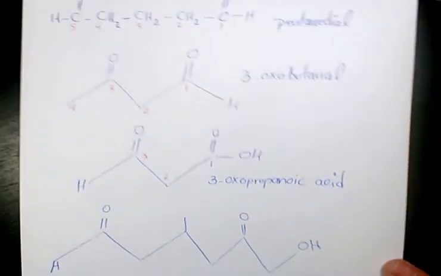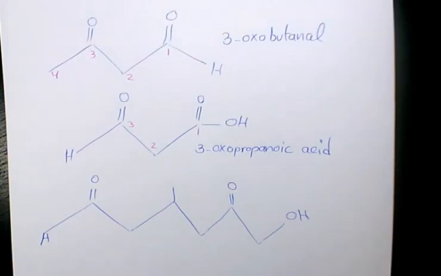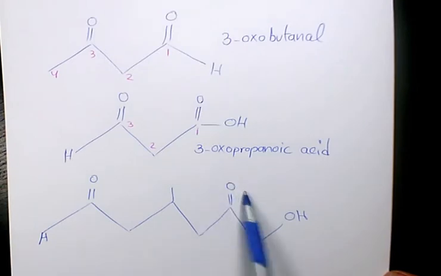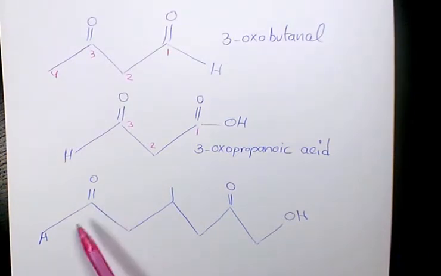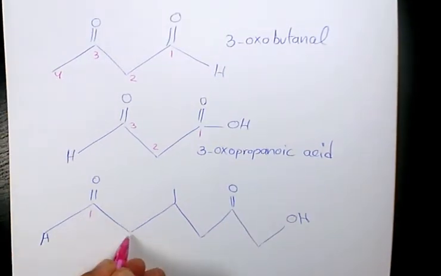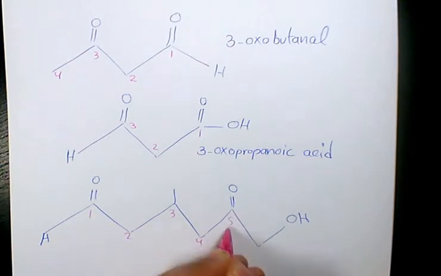Next one is gonna be this one, which we have an aldehyde here, a ketone here, and we have a hydroxy group here as well. So we need to start numbering from here because aldehyde is higher priority compared to ketone and alcohol. So 1, 2, 3, 4, 5, and 6 here.